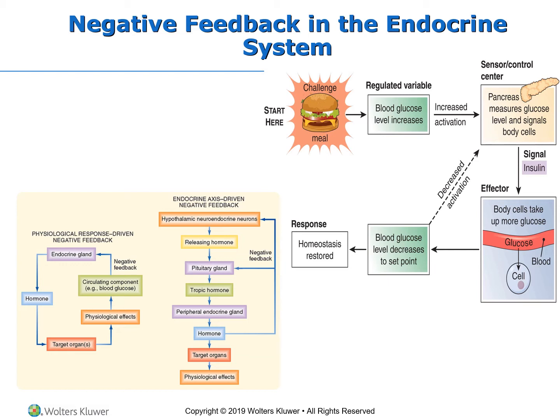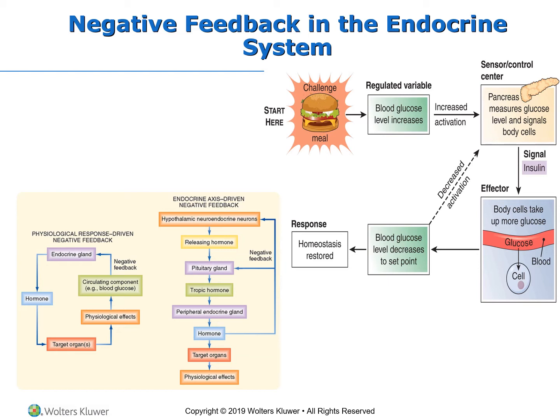As a result, there will be an activation, a stimulation of the pancreas cells that will produce insulin. And because the pancreas has this type of sensor control capability, it will be able to measure the level of glucose, and based on that, insulin will be secreted.